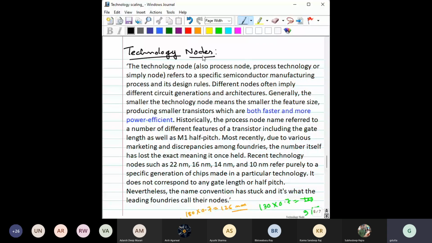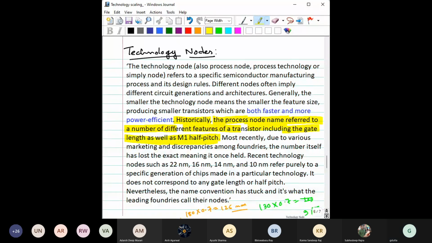I'm just reading from here. The technology node, also known as the process node or process technology, refers to the semiconductor manufacturing process and design rules. Historically, the process node referred to the number of different features of the transistor, including gate length.